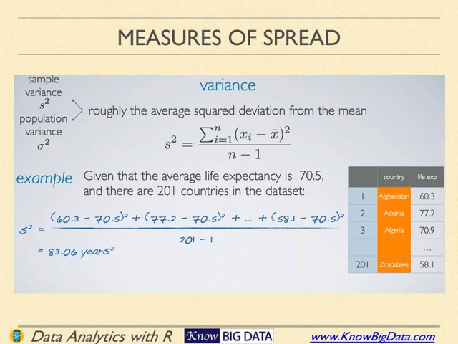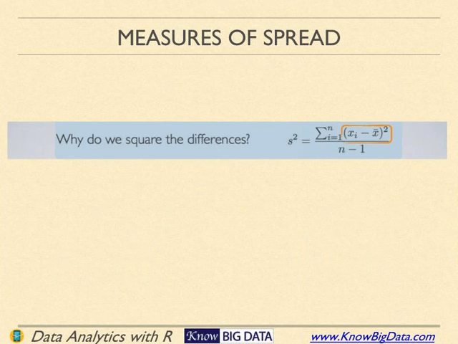Standard deviation means how much my values are deviating from my middle point, from the central tendency, which is the average.